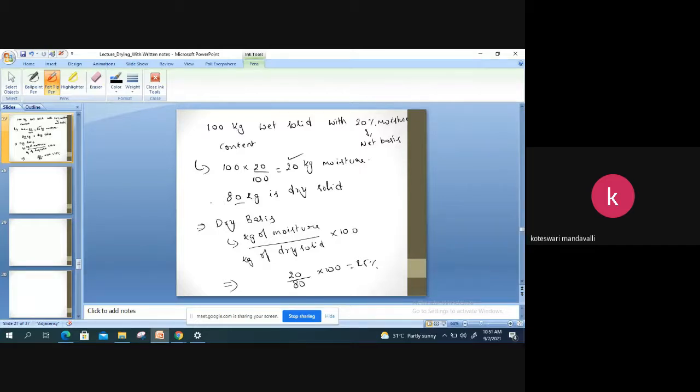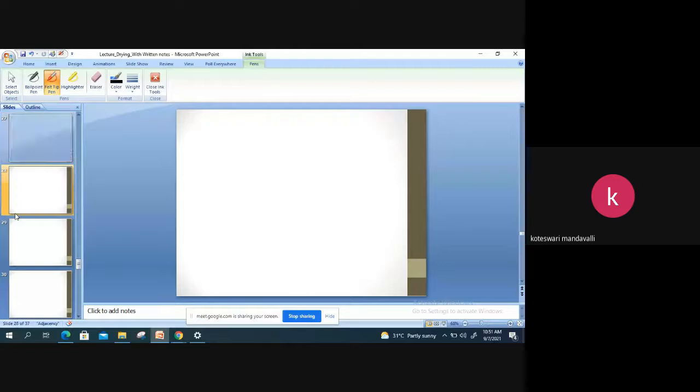Now I will write down all the data. Dry solid weight is 80 kgs, and small w is 20%, that means wet basis, and capital S is 25%, this is dry basis.